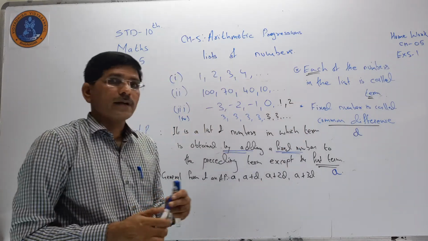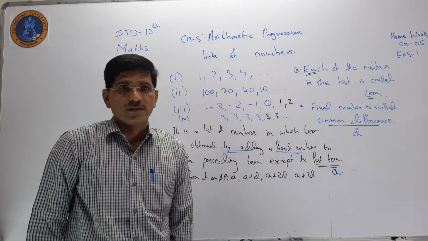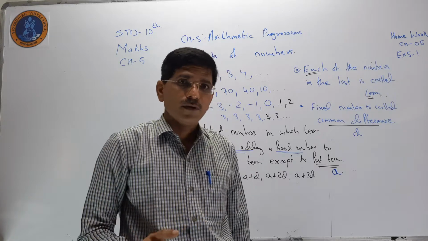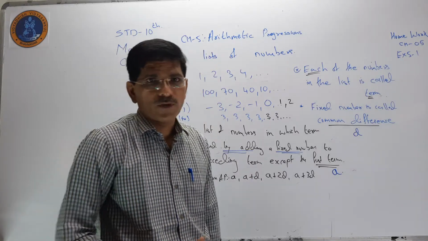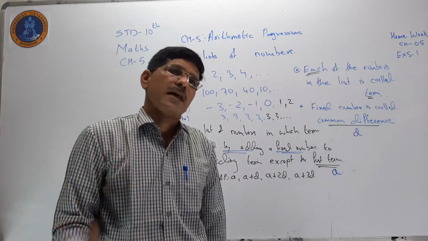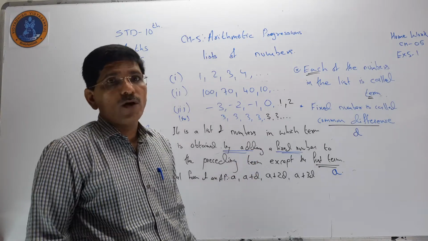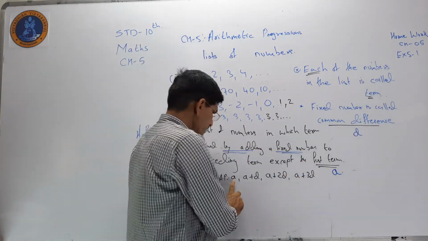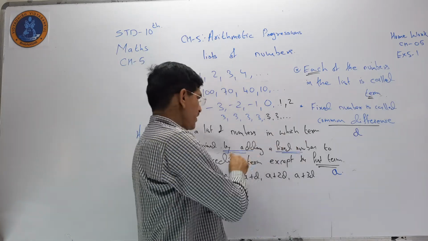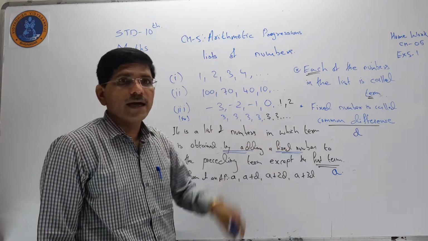Now the general form of an infinite arithmetic progression. We are discussing the general form, not the nth term. The nth term means the last term, but here we are discussing the general form. The first term is a. Every time a fixed number, the common difference, is added.